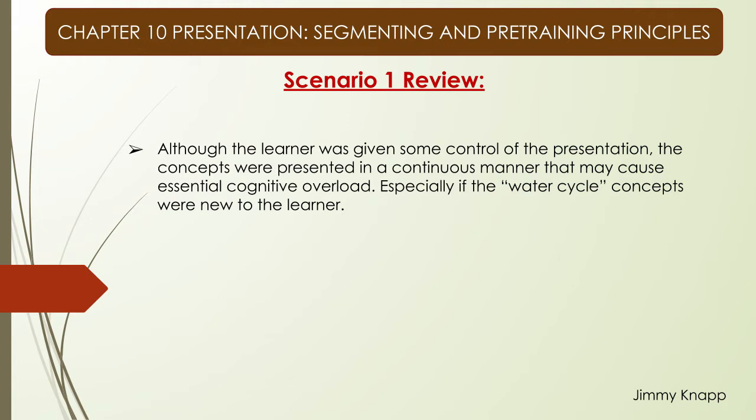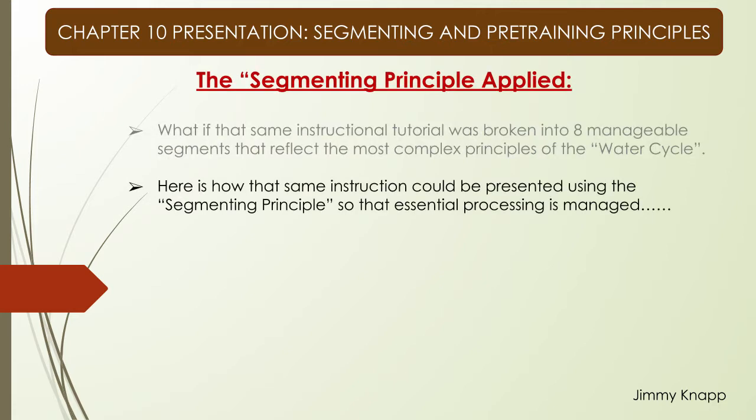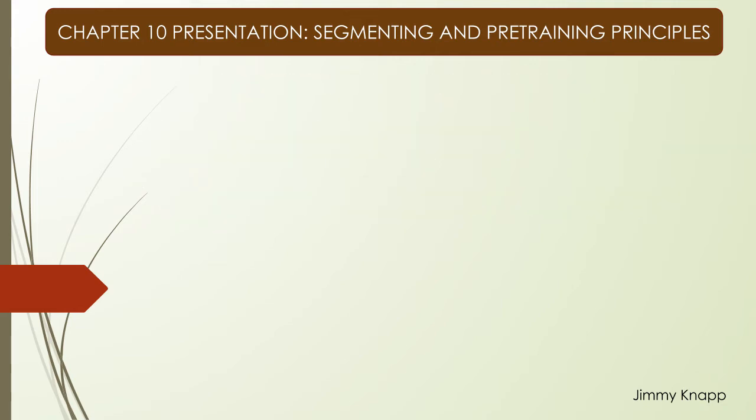Let's reflect on how the segmenting principle could be applied in this scenario. What if that same instructional tutorial was broken into 8 manageable segments that reflect the most complex principles of the water cycle? Here is how that same instruction could be presented using the segmenting principle so that essential processing is managed.